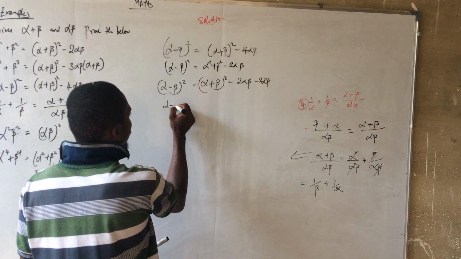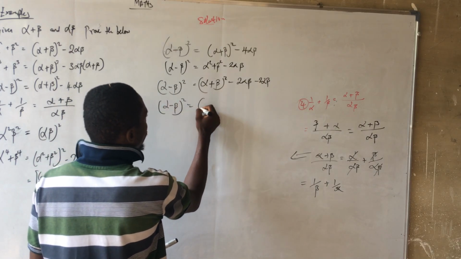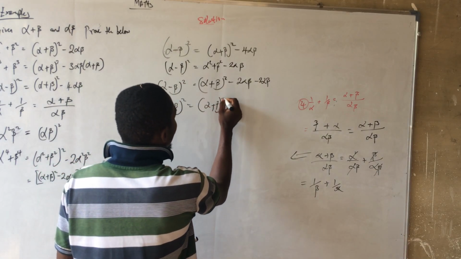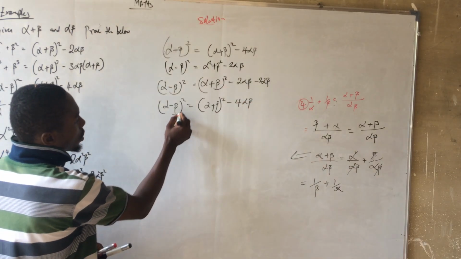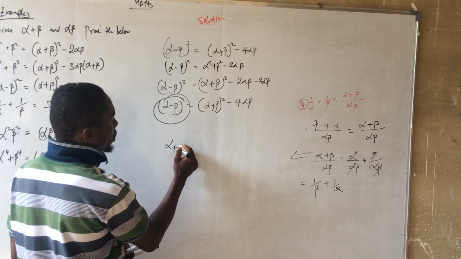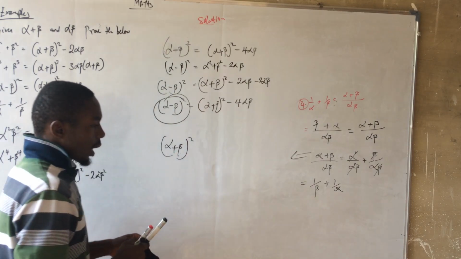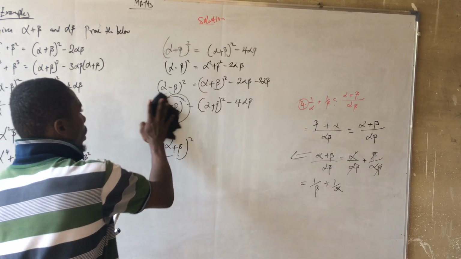So now alpha minus beta all squared is equal to what? Alpha plus beta all squared minus 4 alpha beta. And I told you not to use this, that you should use alpha plus beta all squared. And that is all I'm going to do now.